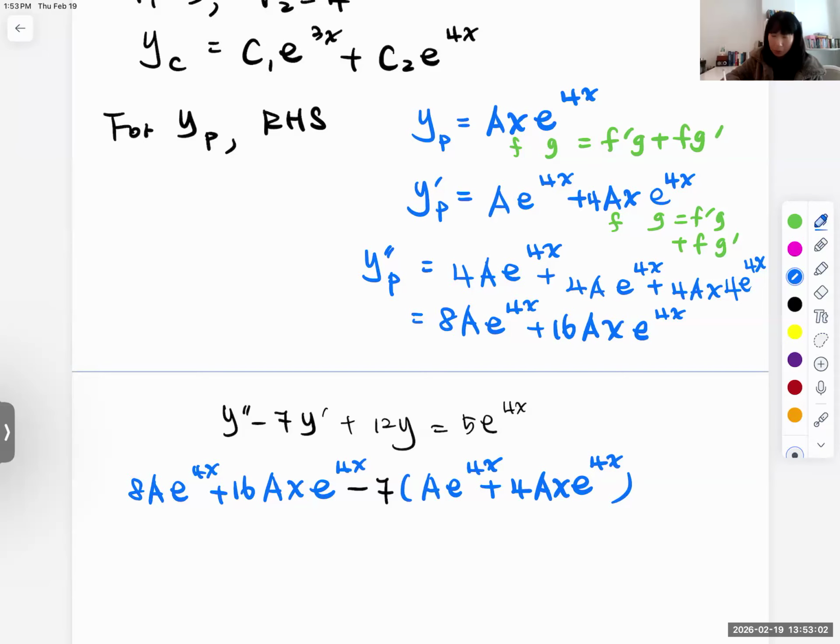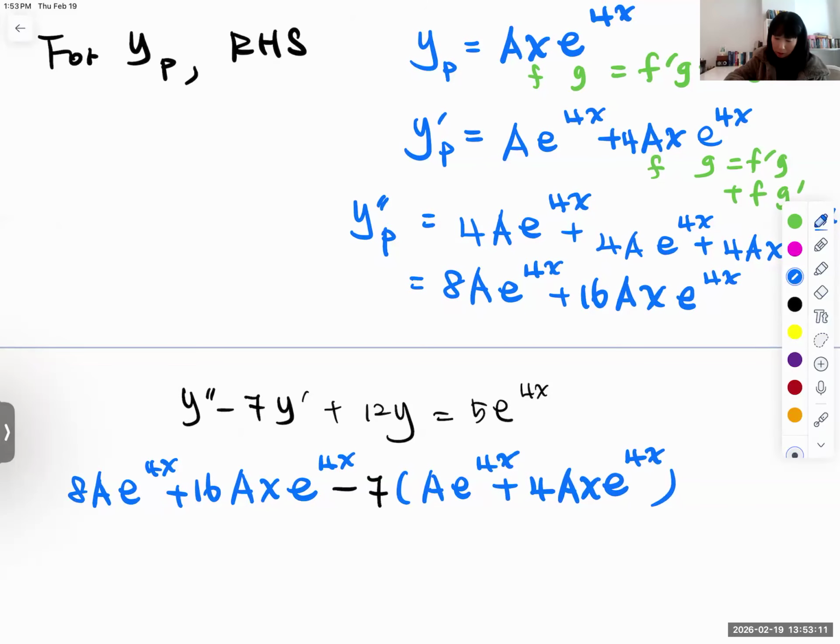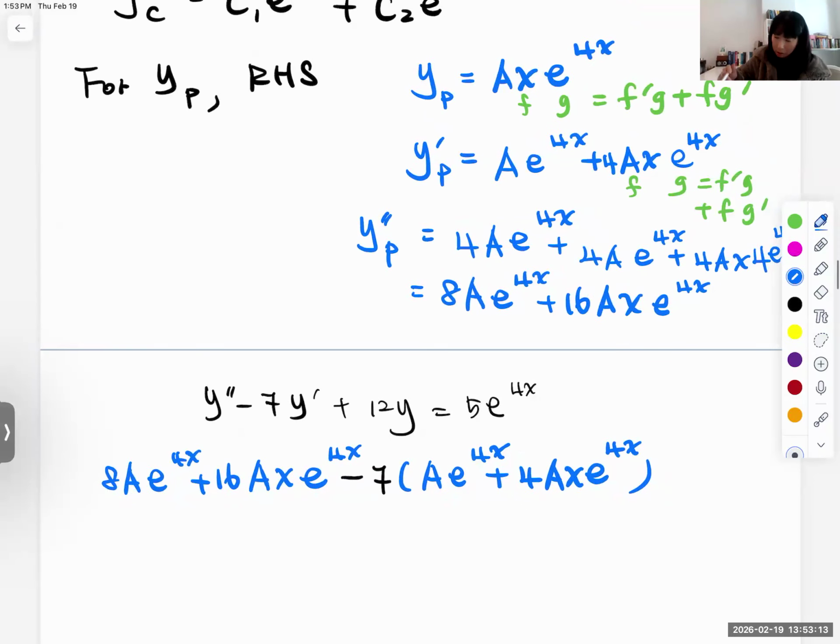And plus 12y. I should make it a little bit smaller.